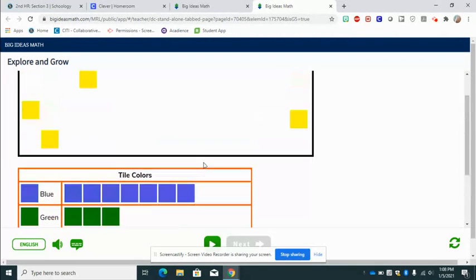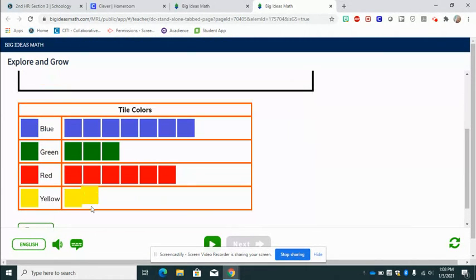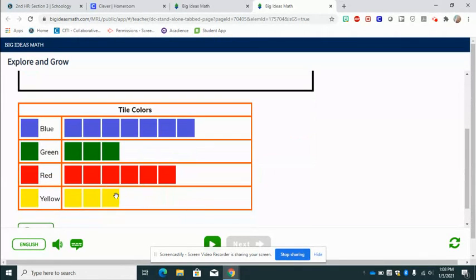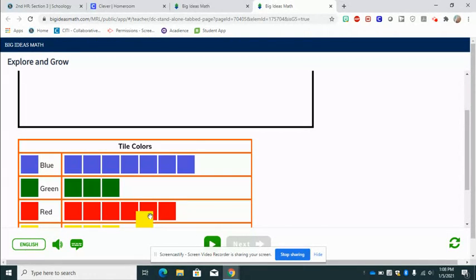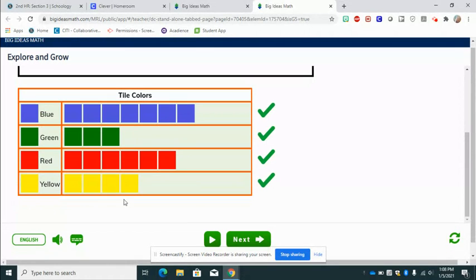Then we're going to drag our yellow tiles down to yellow. So there's 1, 2, 3, and 4. And that's all of our tiles. All right, then we're going to check our answer.